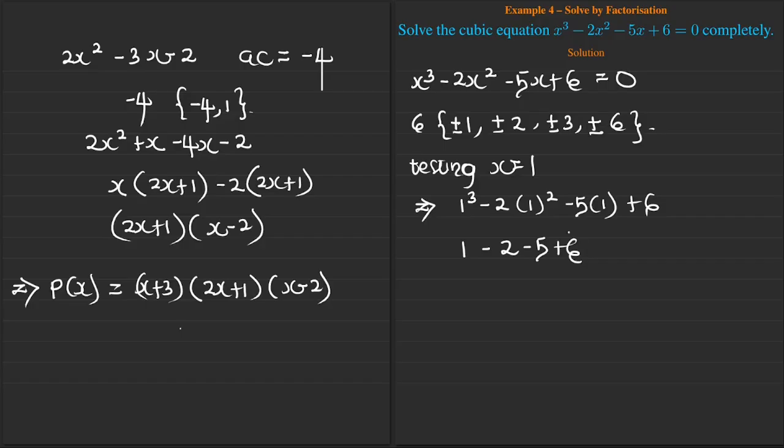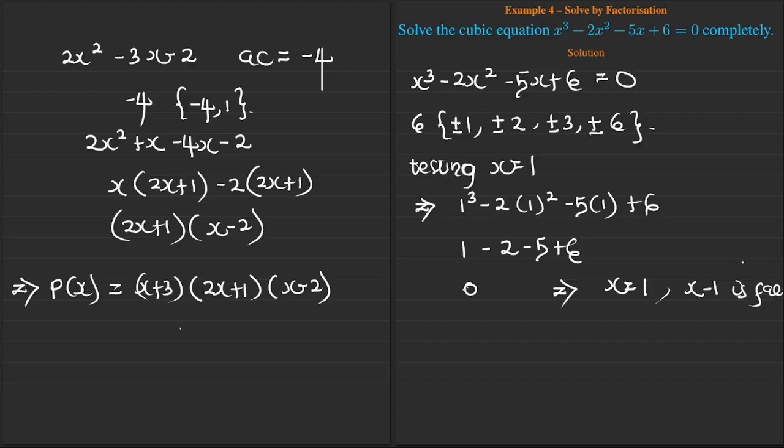Negative 1 minus 5 gives us a negative 6. Negative 6 plus 6 then gives us what? A 0. So it simply implies that if x equals 1, then x minus 1 is a factor.